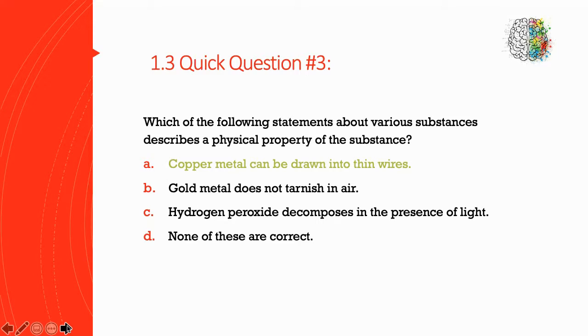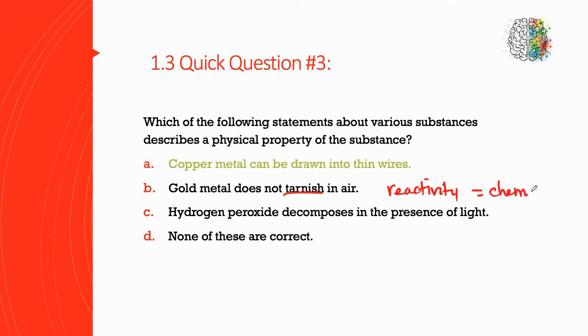When we talk about whether or not something rusts or tarnishes or burns, we're talking about chemical properties there, okay? So what this is really saying is gold metal does not react with air. And reactivity, this tarnish is reacting with air, and reactivity is a chemical property, right?